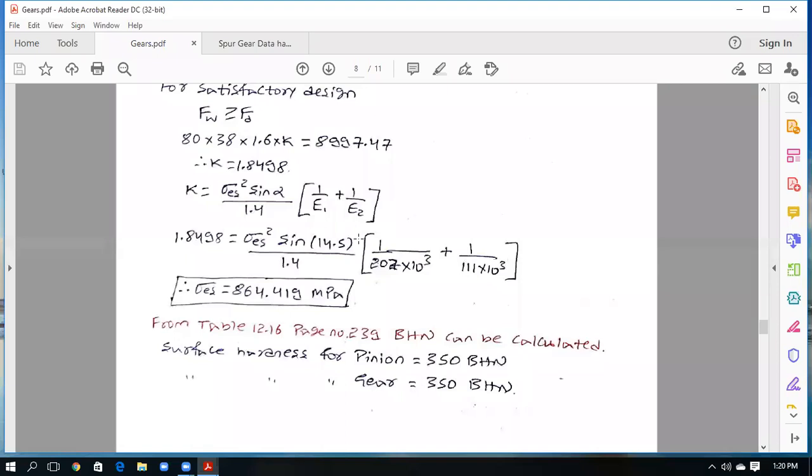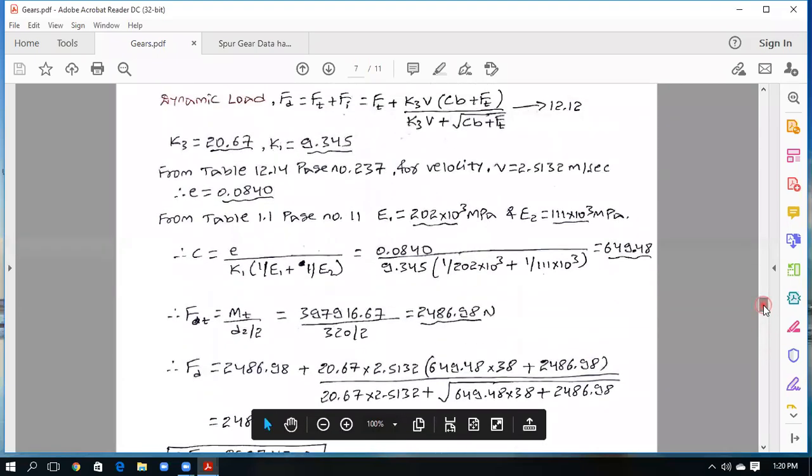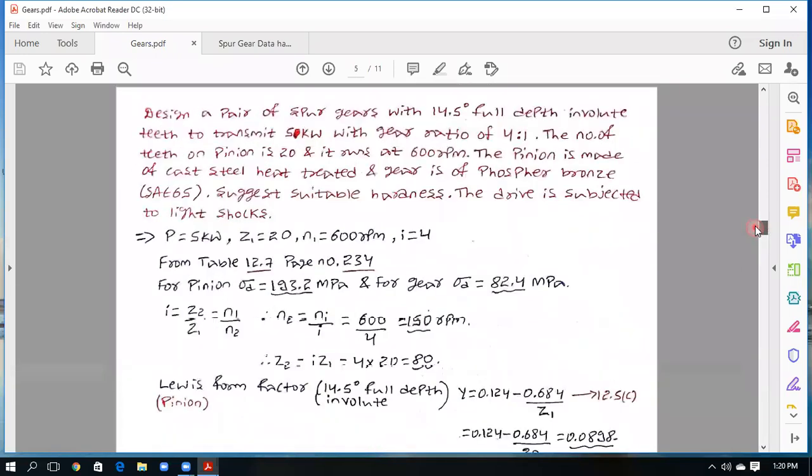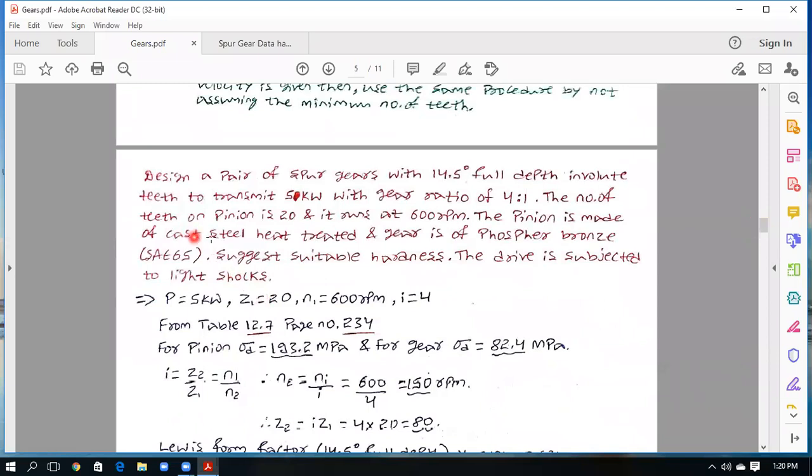Nobody knows? Cast iron, not cast iron. Cast steel. Yes, the pinion is made up of cast steel and the gear is made up of phosphor bronze.